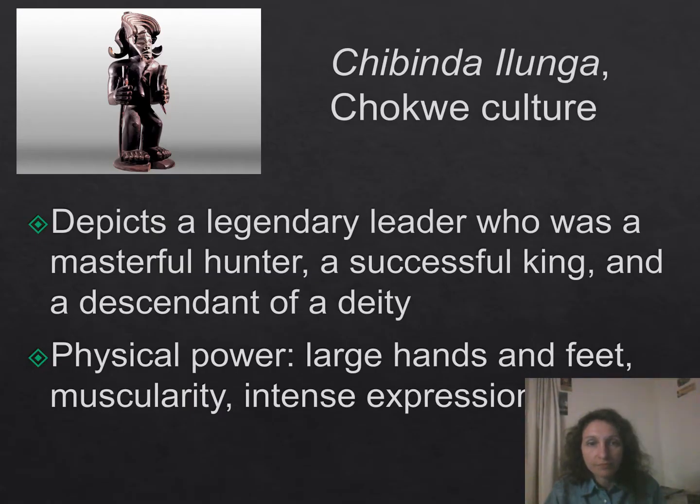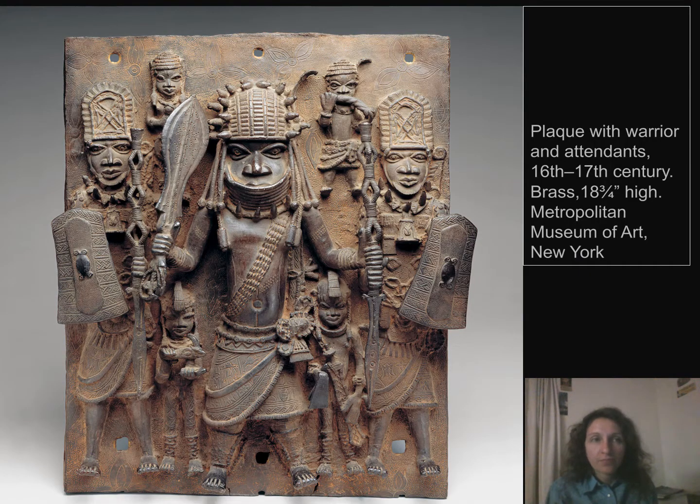All right, so there's info on that. Okay, so this work is clearly using hierarchical scale, and this plaque with warrior attendants is about the Obas, which is the king of this area around, again, current day Nigeria.